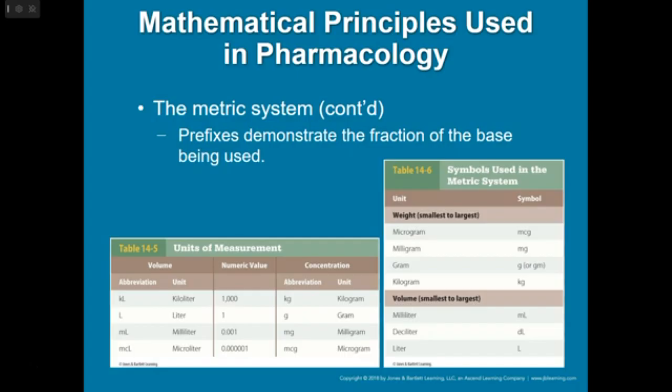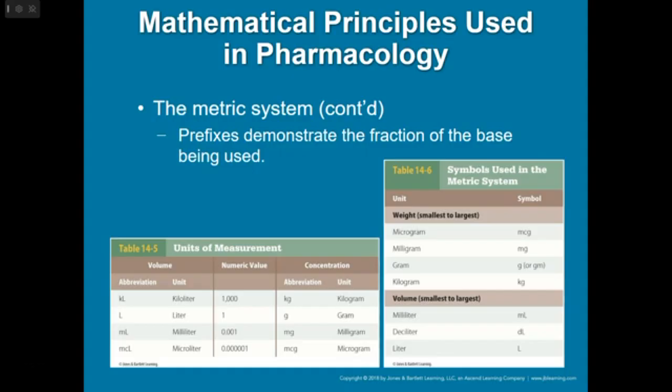Prefixes demonstrate the fraction of the base being used. The standard unit of measure for volume is the liter, and then the prefix changes things. A kiloliter would be 1,000 liters.